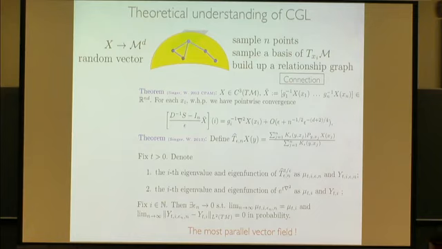There are several details, but the only information you need to know is that the top eigenvector of D inverse S is actually the most parallel vector field on the manifold. What does it mean? It means that it will follow all the rules you set up in the graph. And remember that in PFQ, the rule is the Fourier-Wigner distribution and this phase ramping.